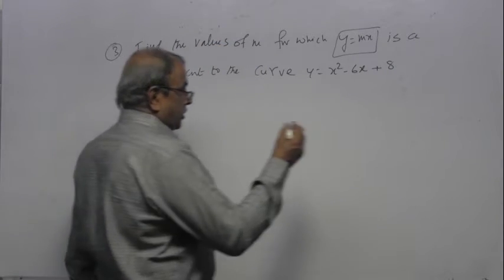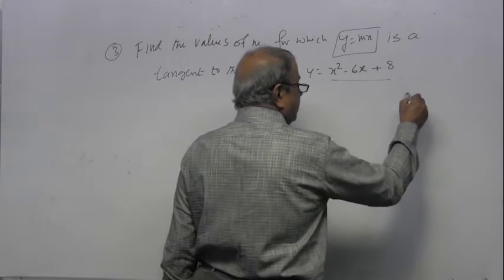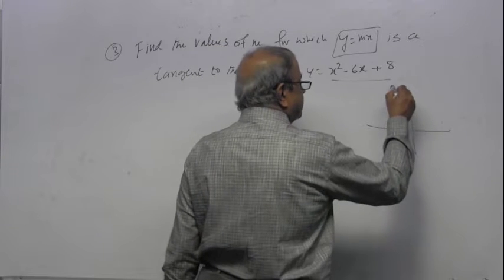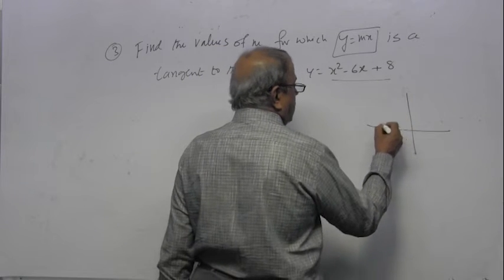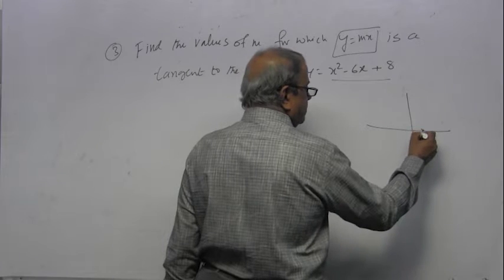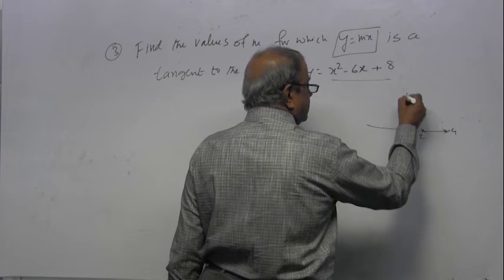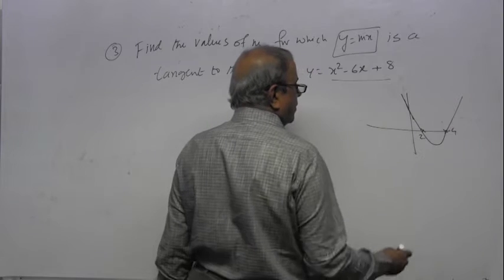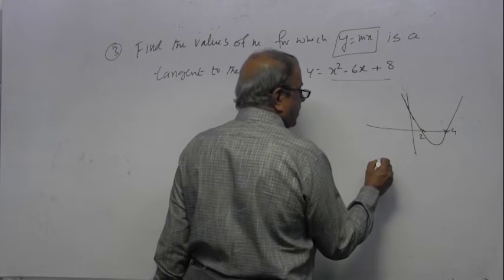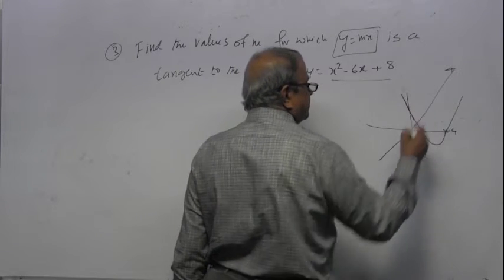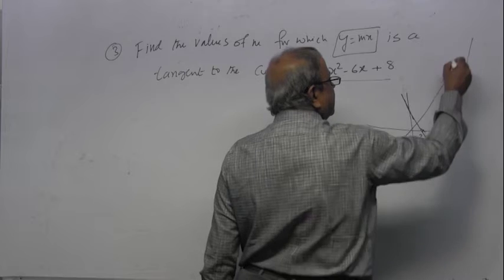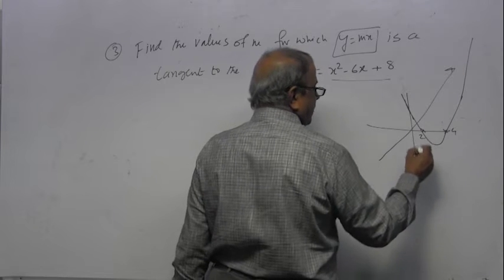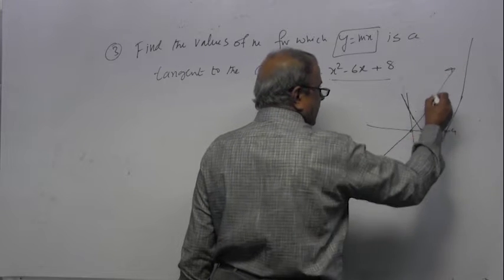So in other words, look, this graph is like this, with roots 4 and 2. Y equal to mx is a line like that.